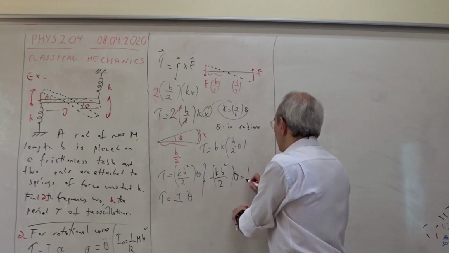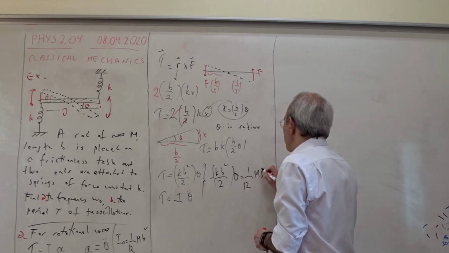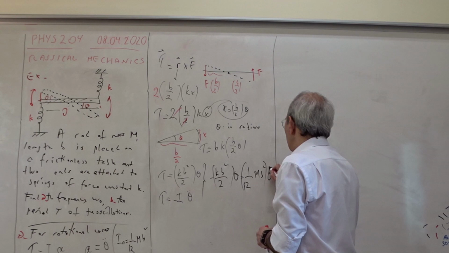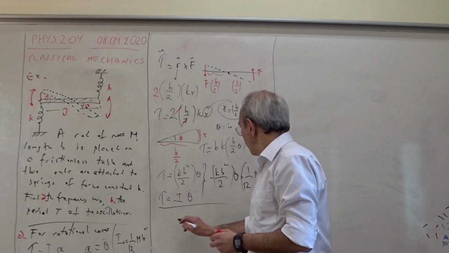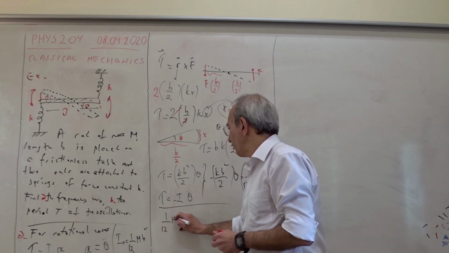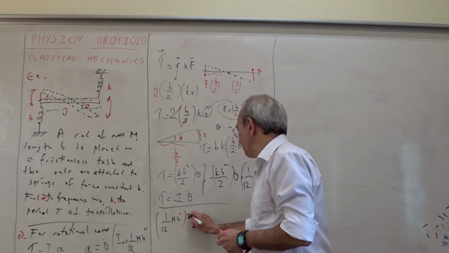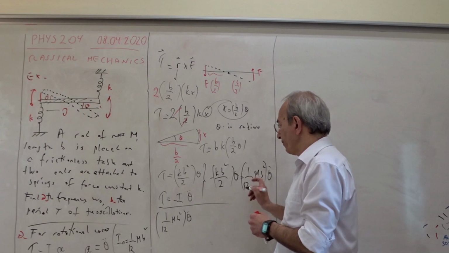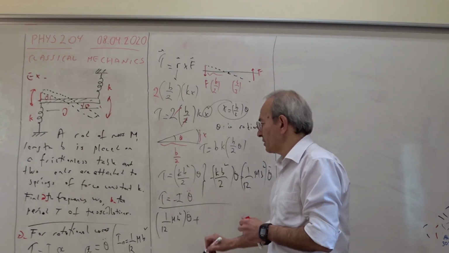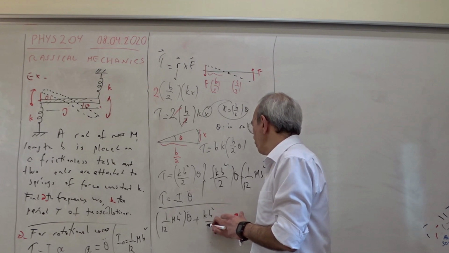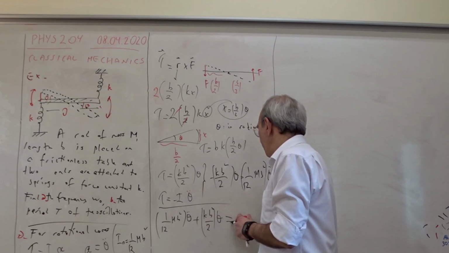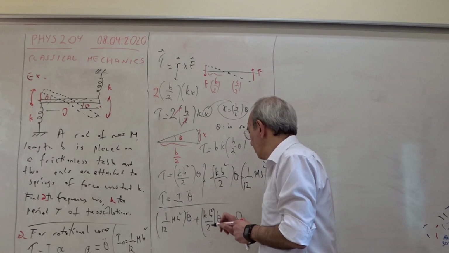I is 1 over 12 m B squared and theta double dot. So if you write them in the correct order, we have 1 over 12 m b squared multiplied by theta double dot. You take it to the other side as a positive term. So we have K times B squared over 2 theta. That's equal to 0.